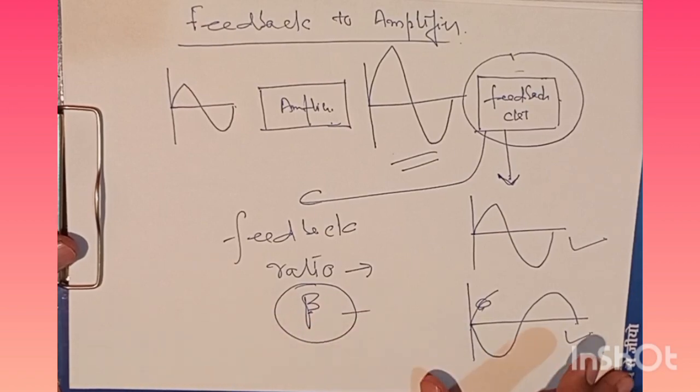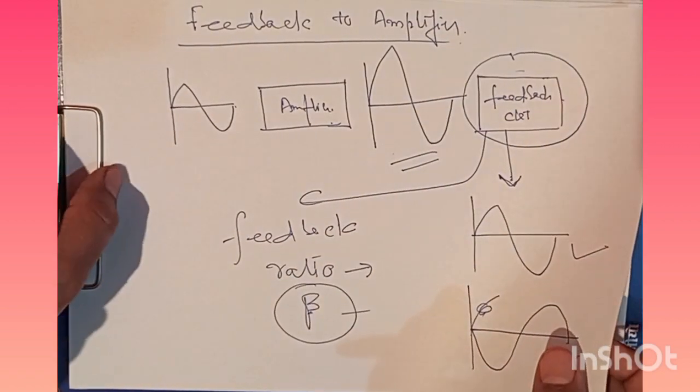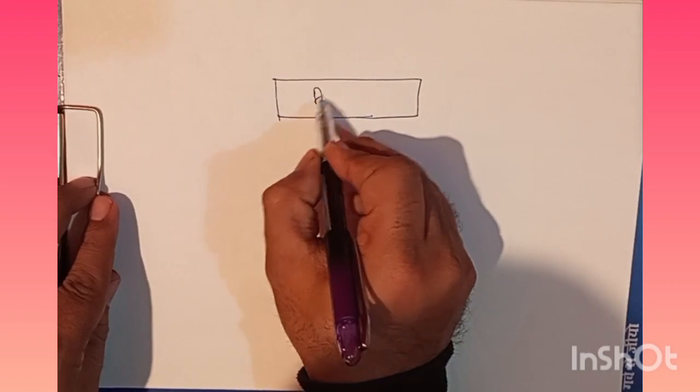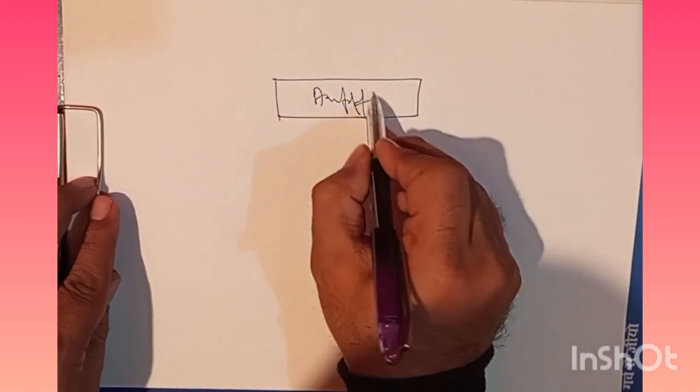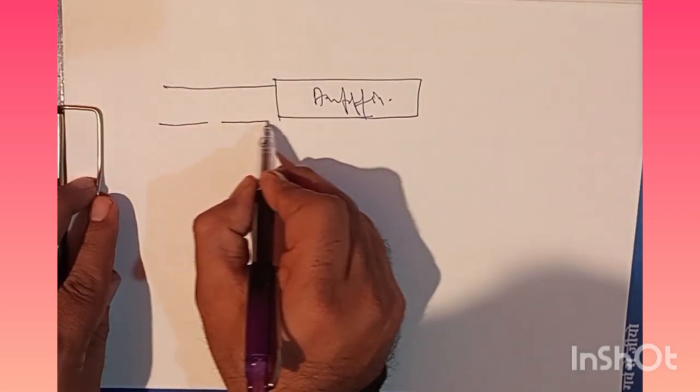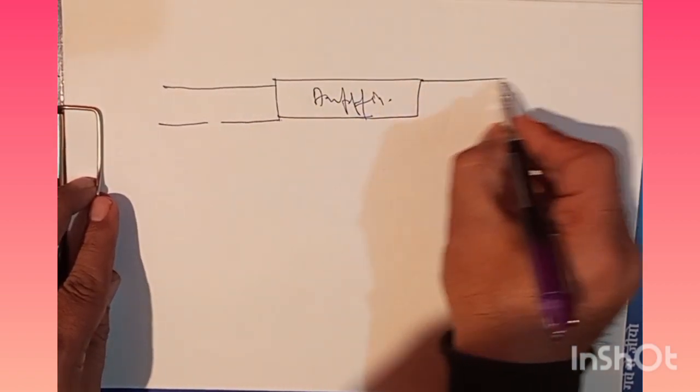Now, if I go back to the original diagram that I had shown you, it was like this. We have an amplifier, and it has an input and an output.